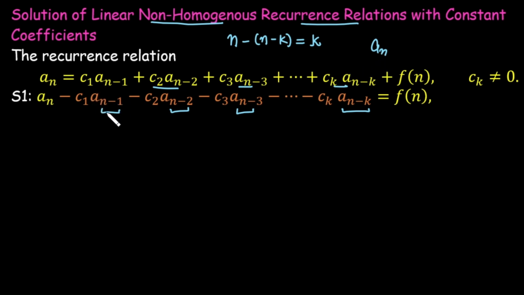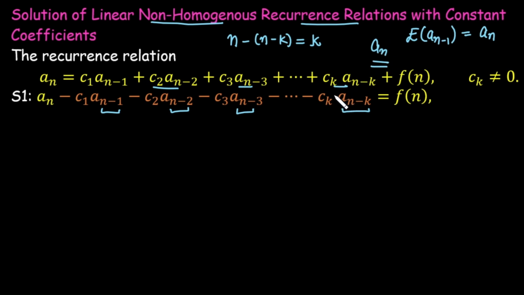If we apply the shift operator one time on the term an minus 1, this will give you a of n. And how can we reach an from the next term? If we apply the shift operator twice. In this case, we need to apply the shift operator 3 times, and here we need to apply the shift operator k times. So we need to apply a maximum of k times the shift operator to get the minimum index as an.